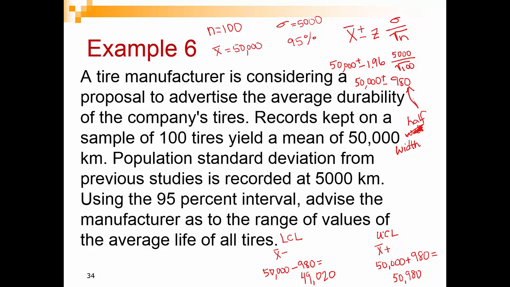So the range of values the manufacturer can expect the tires to last for is between 49,020 kilometers and 50,980 kilometers.